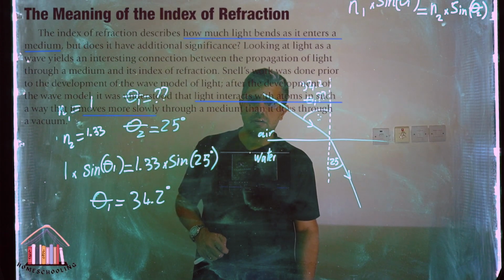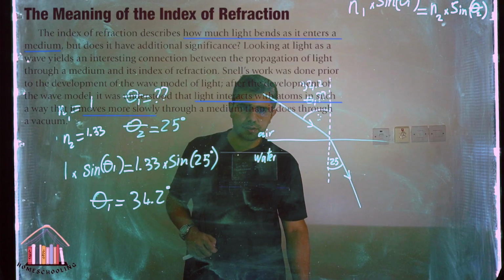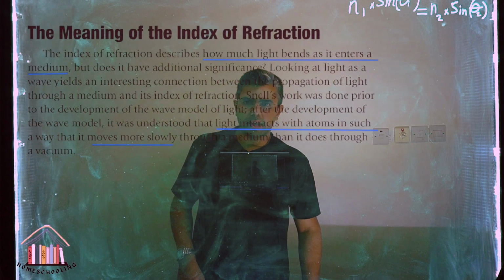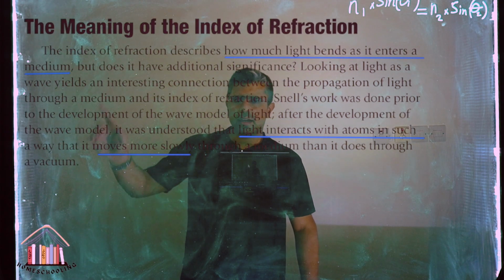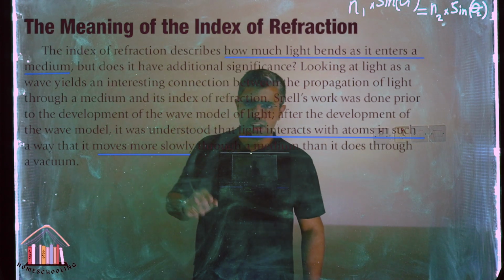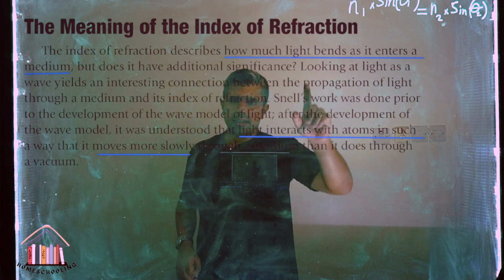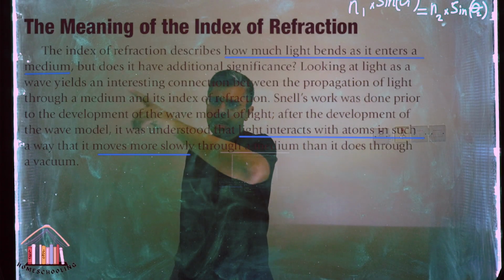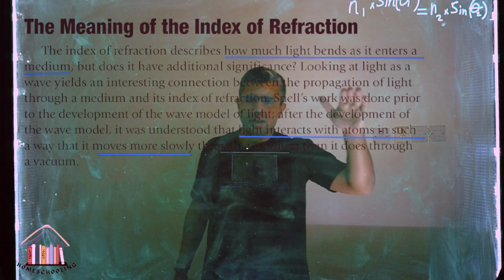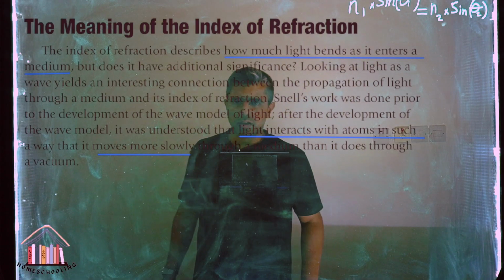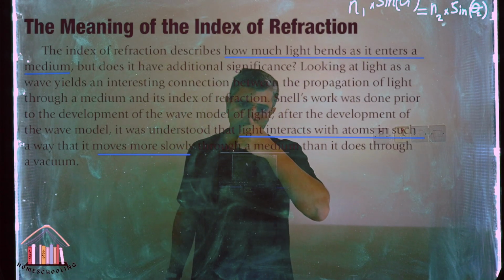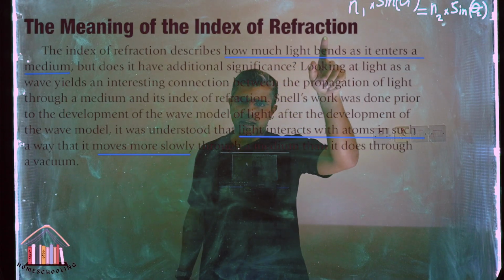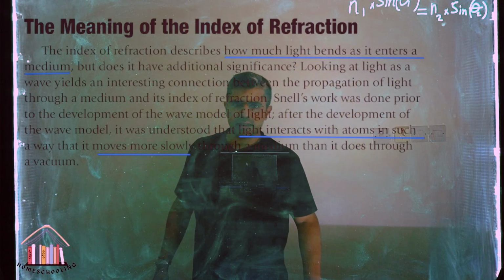Okay, the meaning of the index of refraction. So again, here we are talking about the meaning of the index of refraction. As discussed before, it describes how much light bends as it enters a medium. So when the light passes from one medium to another, it's bending. How much it's bending is described by the index of refraction, which is n, small n.